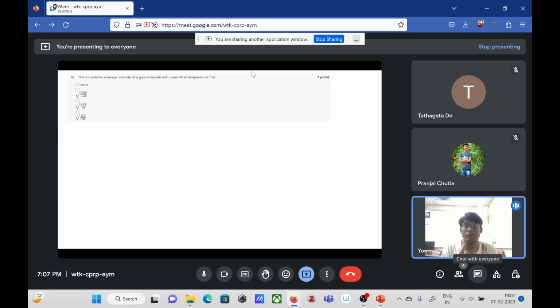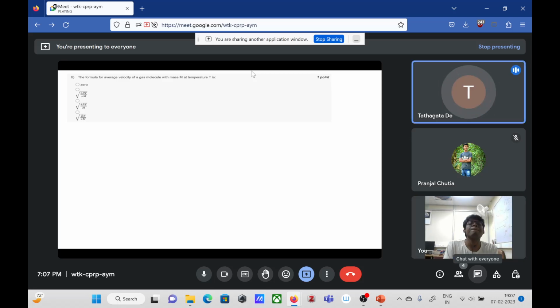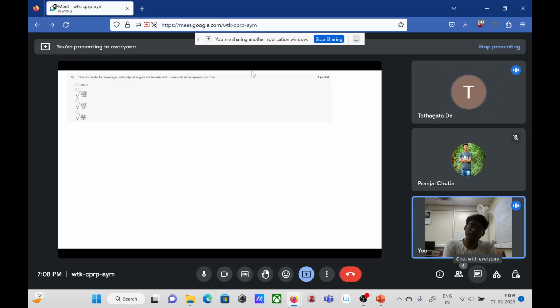That we want to clarify at first. The problem says the formula for average velocity of a gas molecule.